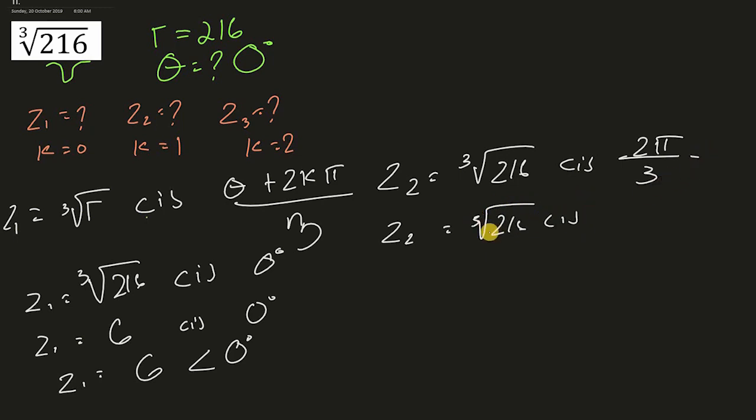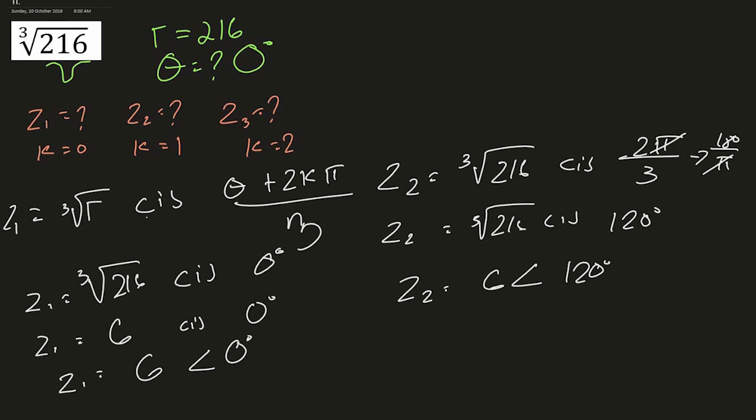I want to convert this into degrees kasi gusto ko polar form yung sagot niya. So, that would be 180 divided over pi. So, let's cancel. So, 180 divided by 3 is 60. 60 times 2 is 120 degrees. Alright? So, our final answer would be Z sub 2 is equals to 6 angle 120 degrees.